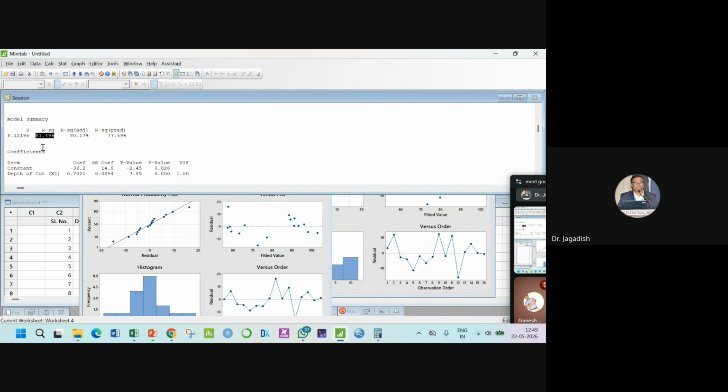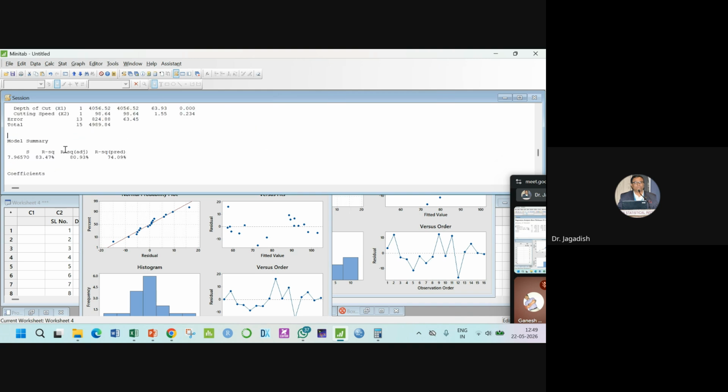Because the influence of that x2 factor is removed from the system. The addition of that factor does not have any impact on the accuracy of the model. So by adding x2 you get 83.